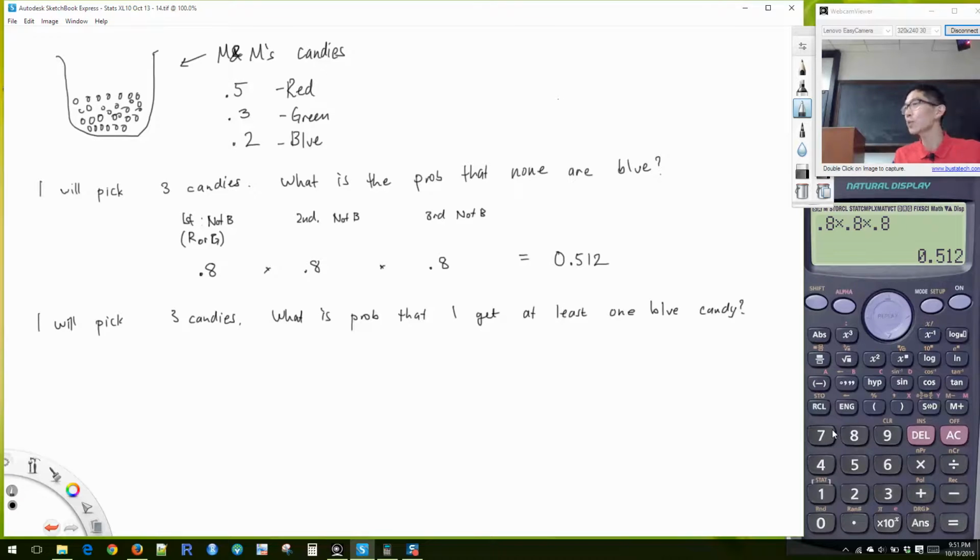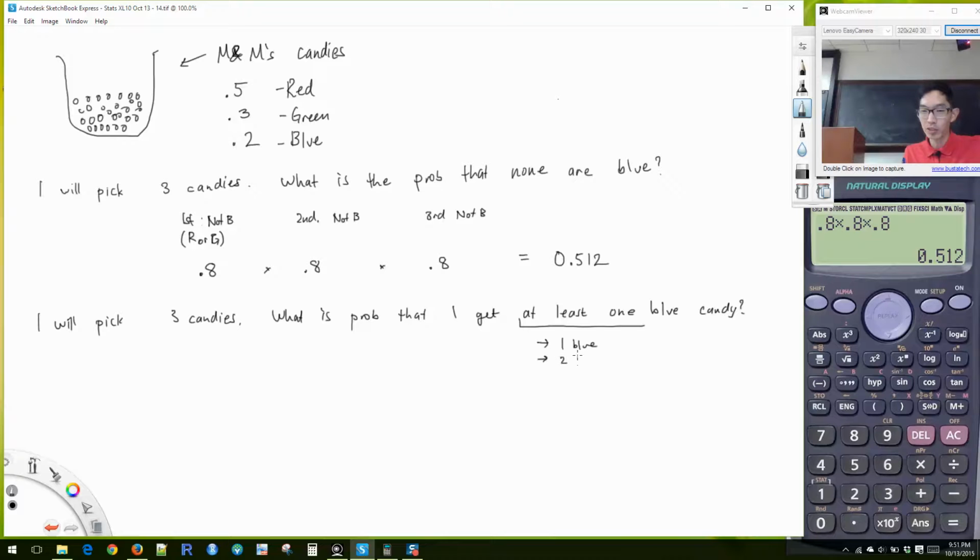Okay, so this one, you've got to think. The probability of getting at least 1 blue candy means I get what? The options are I can end up with 1 blue candy.